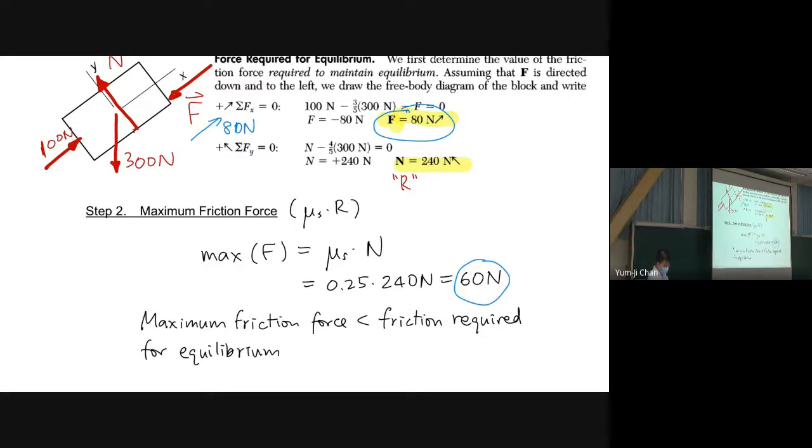Because if we assume no motion, then F is equal to 80 Newtons, but the maximum friction force is only 60 Newtons. It means that we don't have enough friction to hold the block in place. So the block will have motion.